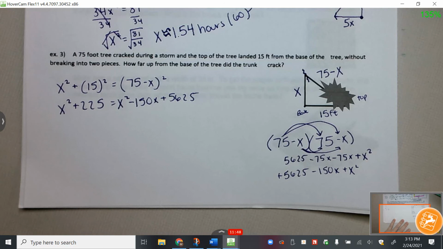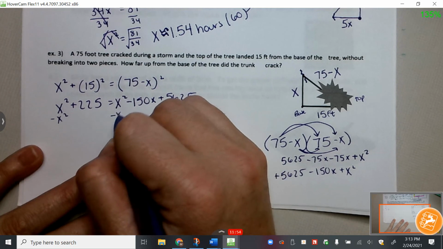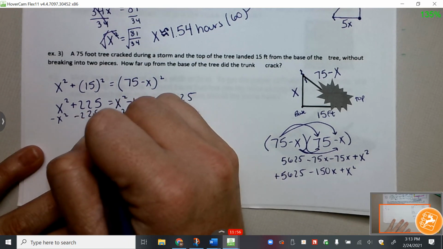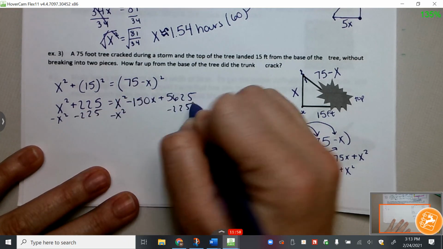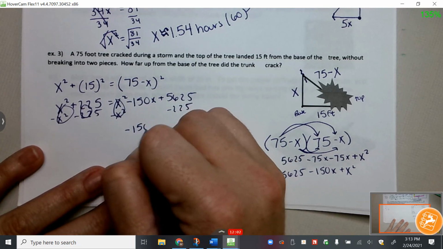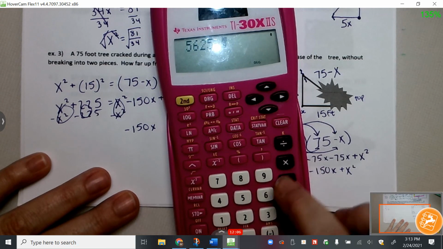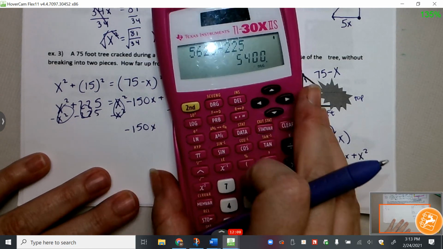Now, this has an x squared on both sides, so we need to combine like terms. This actually cancels, and I'm left with negative 150x plus 5400.